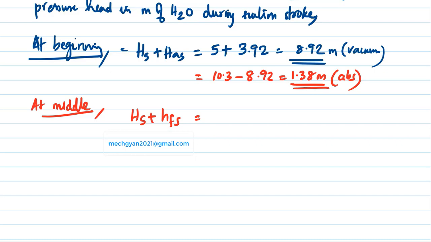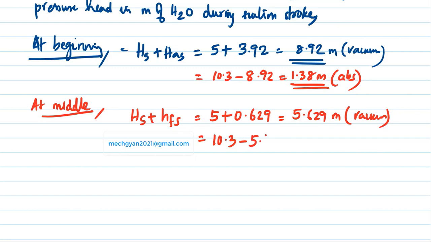That is equal to 5 plus 0.629, that is equal to 5.629 meter vacuum. So that can be written as 10.3 minus 5.629, that is equal to 4.672 meter absolute.